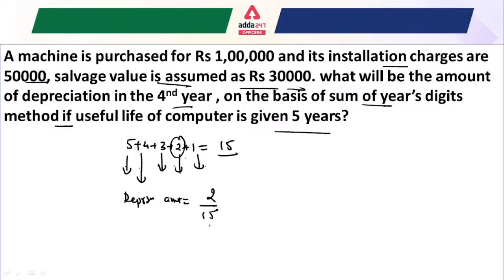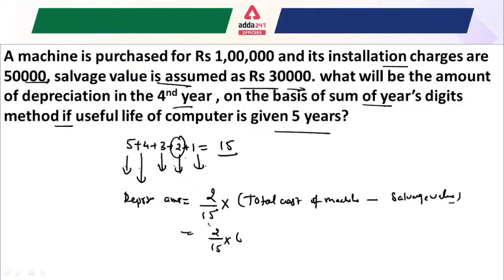That would be 2 by 15 multiplied by, again, you always have to do the depreciation questions with the total cost of an asset, that is the total cost of the machine, deducted by your salvage value or residual value. So this is 2 by 15 for the fourth year.